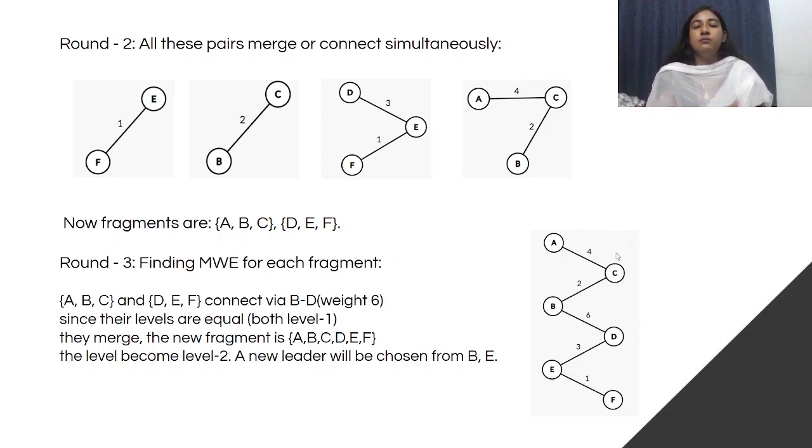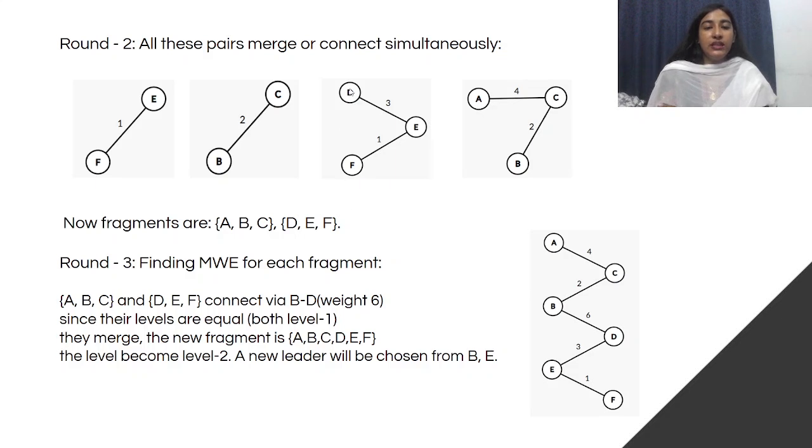Like this. If we step down to round 2, then we merge these 2 fragments, D, E, F and A, B, C. We can find A, B, C and A, B, C, D, E, F.